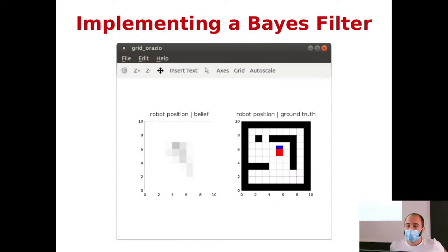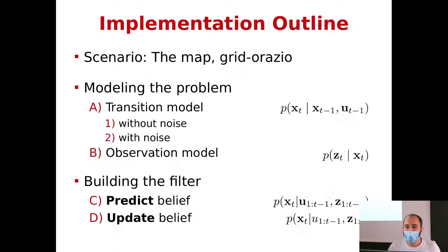So that's our case. We want to estimate the robot position given a map. We are in the discrete case, so the map is represented as a grid, and the robot position is the couple of indices, rows and columns, which represent where the robot is. Really, really simple. Now we will go deeper into this later on.